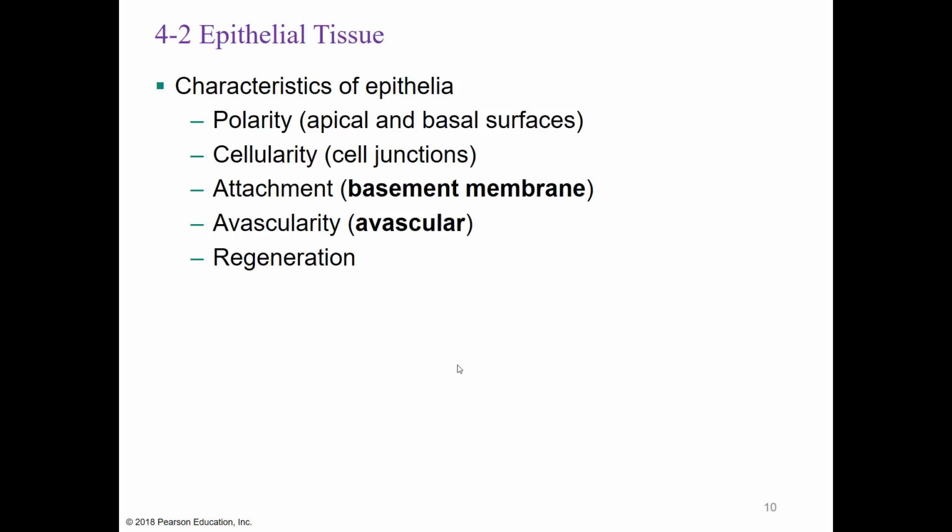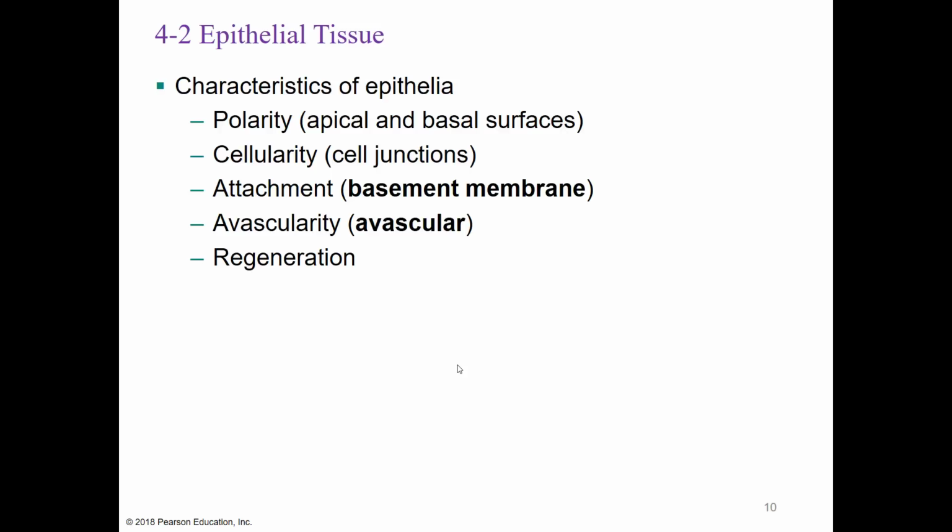So in addition, we're going to see cellularity, which means cell junctions. So epithelial tissue is made up of a bunch of cells all connected to each other. They're not separate individual cells. They're all connected to each other, and we will show how they do that in some upcoming slides.